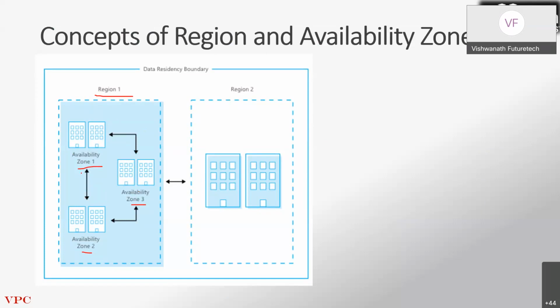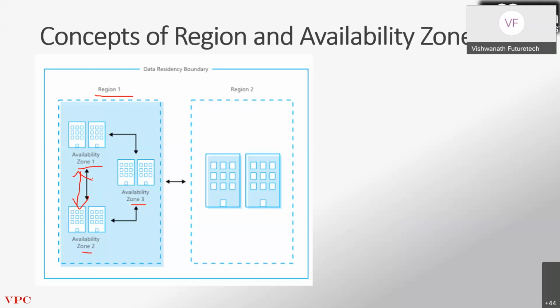Okay, these connections are private connections. Please understand, they are private connections where AWS has dug the road, and they have laid cables, private cables, their own fiber cables, to get these availability zones connected.